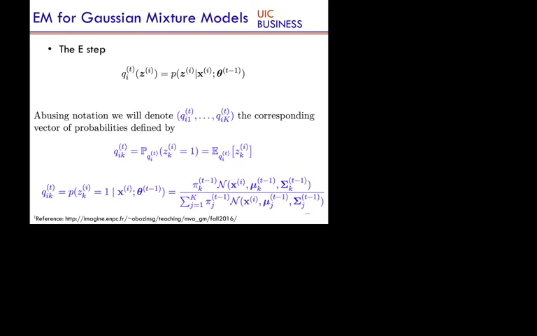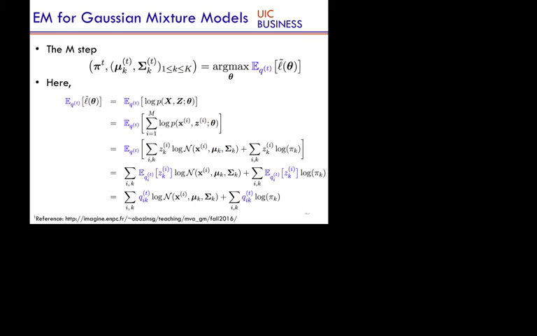I'll skip the explicit expression for the Q function, but given a bunch of parameters, the Q function is just a ratio of two terms. When you already have the parameters mu, sigmas, and pi's, you can compute Q for each coordinate of the multinomial distribution.